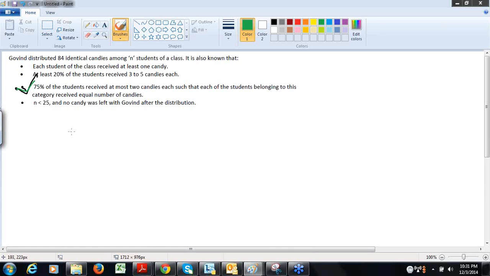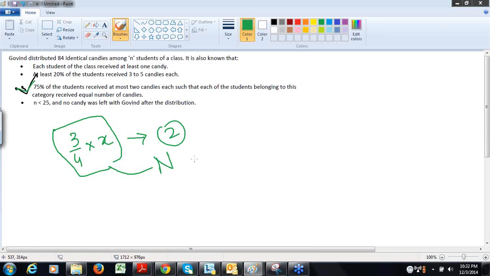Now, if we are saying that 3/4 of the class received at most two candies, that means in order to be this number a natural number, which implies what? X is of the form 4k. Then only it is possible.